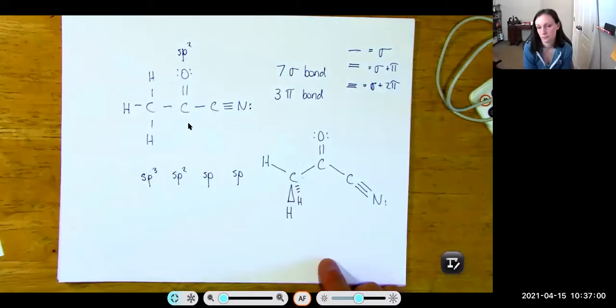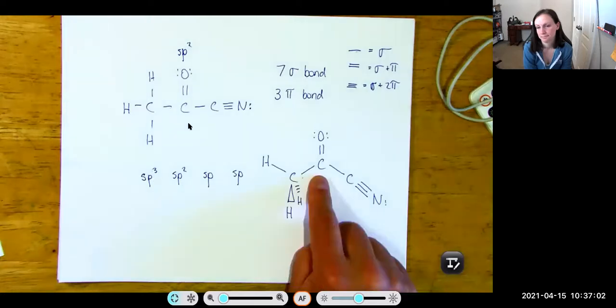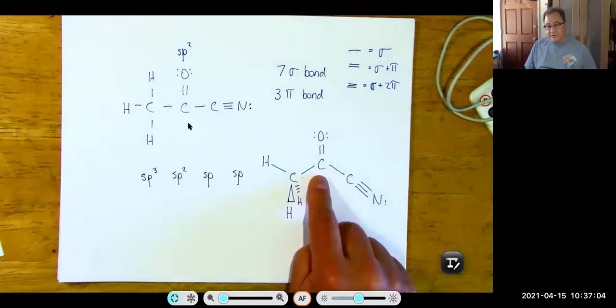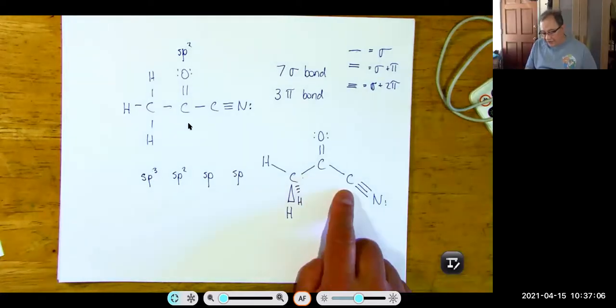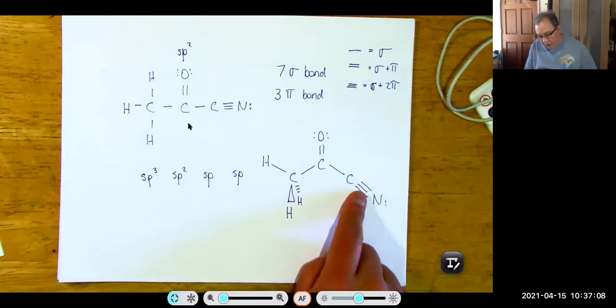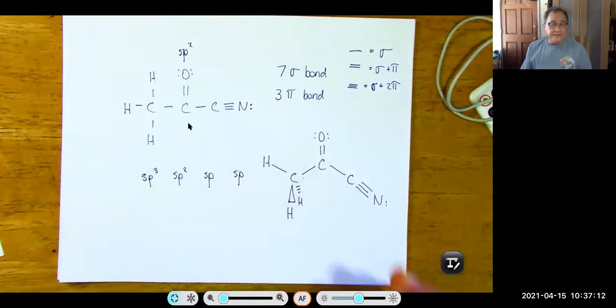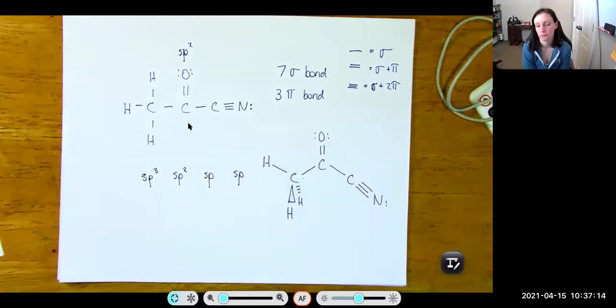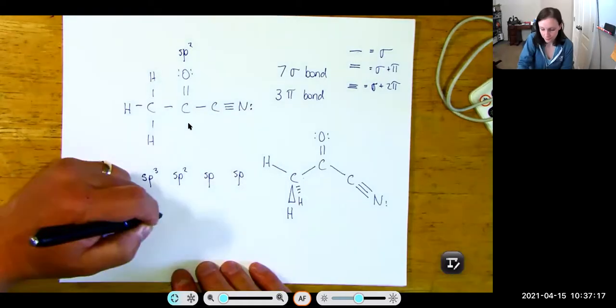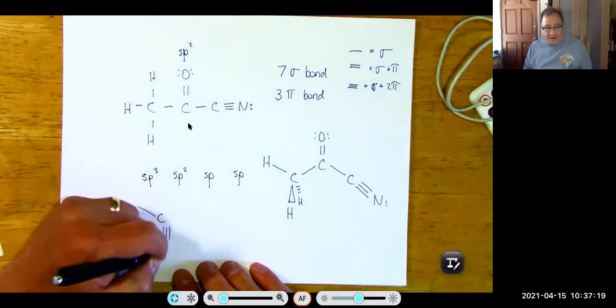Yeah. Does that one look trigonal planar? Mm-hmm. Does that one look linear? Mm-hmm. That's why these triple bonds come straight off of the single bond in the same line. You can't do this. That would be wrong, right?